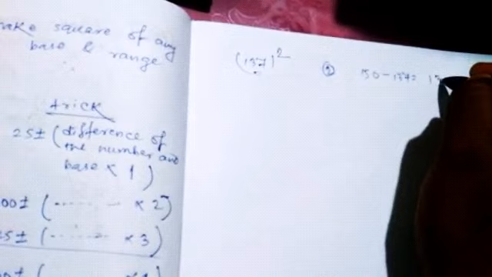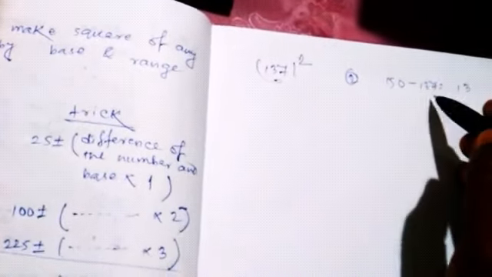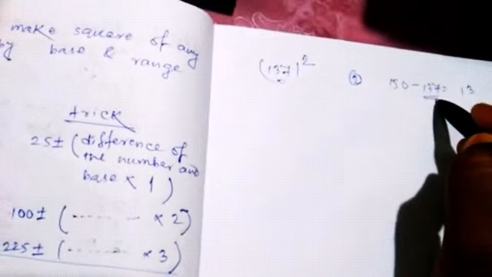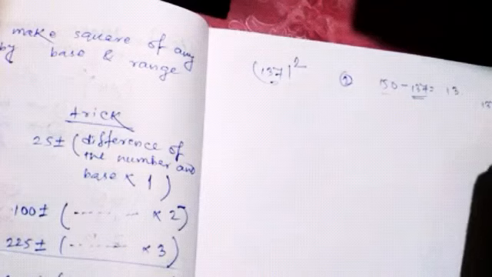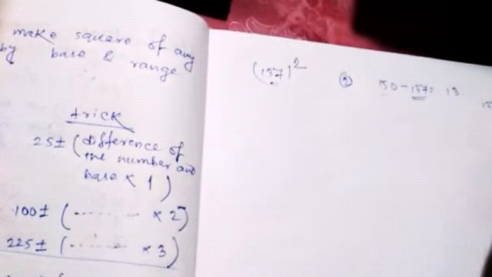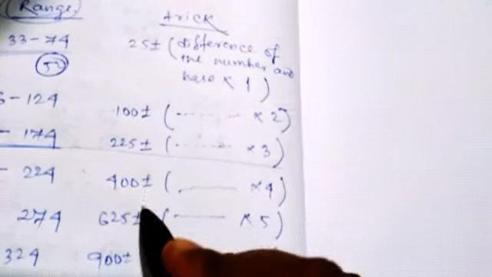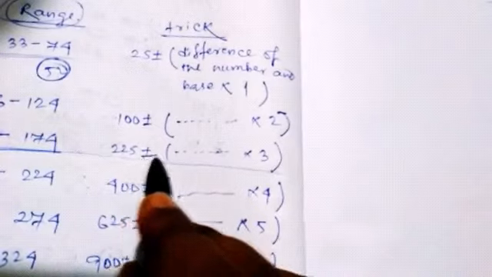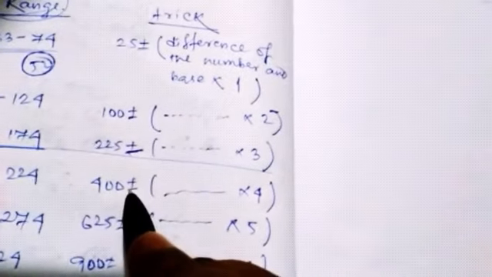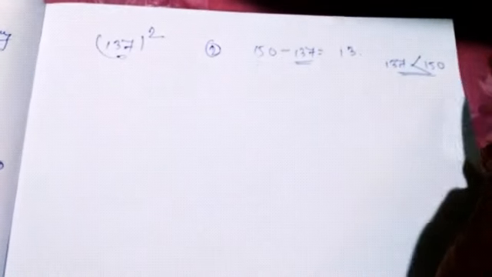Difference is only 13. But here the number is less than the base. Here 137 is less than 150. So from this trick you should use the minus sign.